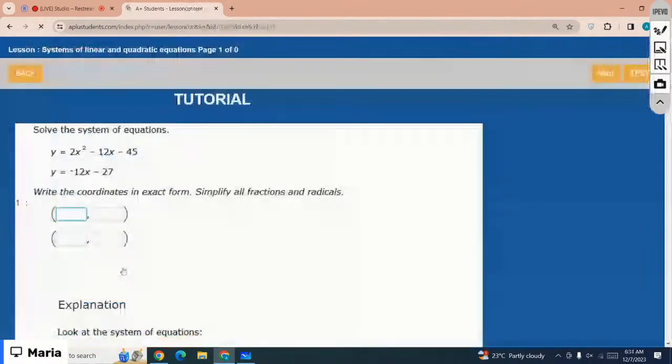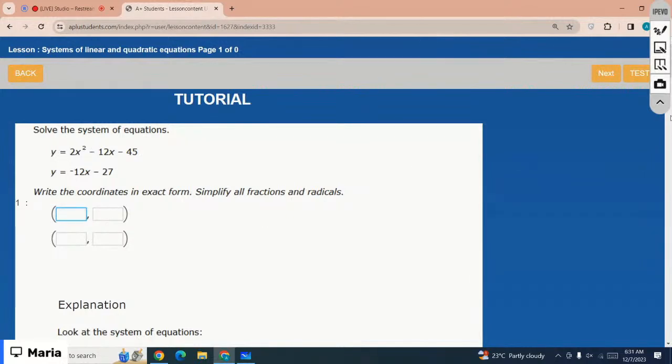Okay, solve the system of equations. One of the equations is linear and one of them is quadratic, right? The first one, y equals x square minus 12x minus 45, is the quadratic equation, and y equals negative 12x minus 27 is the linear one, right?